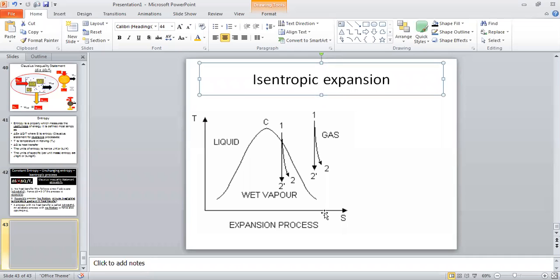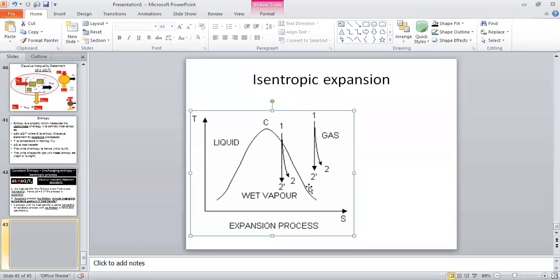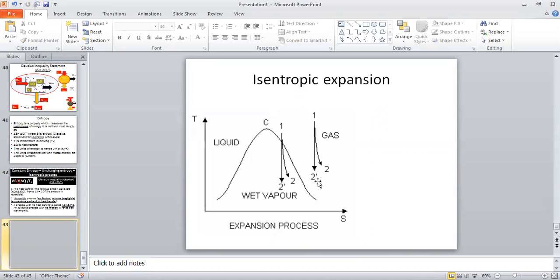Yeah, some vapor, liquid here, so the vapor turns into liquid, and vapor combination means this is a wet steam after expansion. Even if it is gas, okay, 1 to 2 straight down, 1 to 2 dash, constant entropy process. If it is not constant entropy or isentropic, so during the expansion, the entropy can rise.